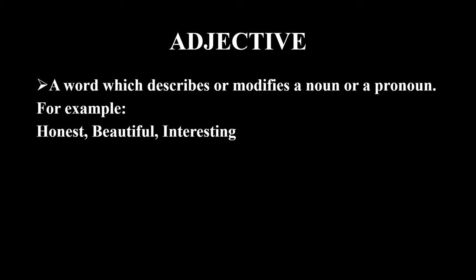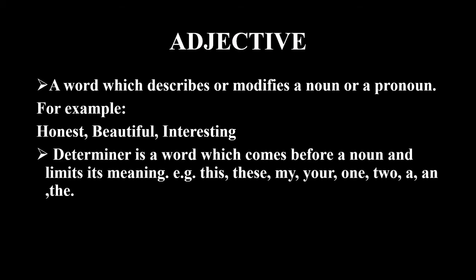So honest is an adjective. In the same way, if I say she is a beautiful girl, the word beautiful is adding to the word girl. The same is with the word interesting. If we say this is an interesting book, the book is the noun and the word interesting is adding something to the meaning of the noun book.